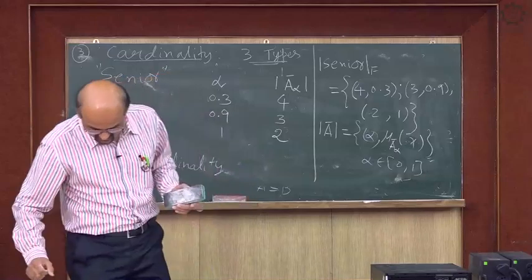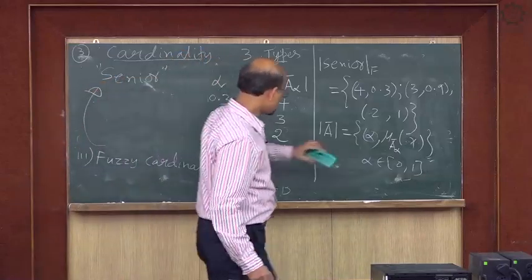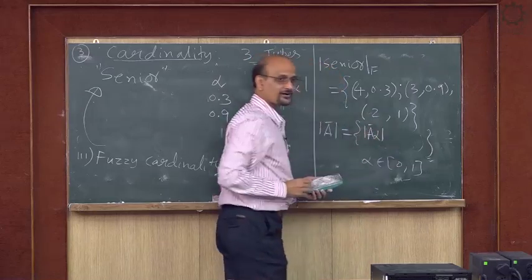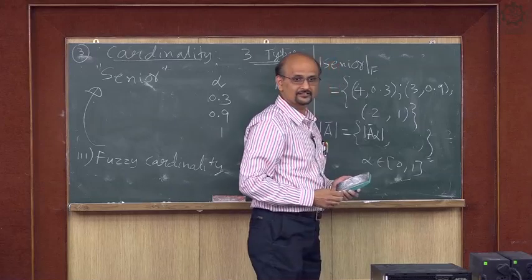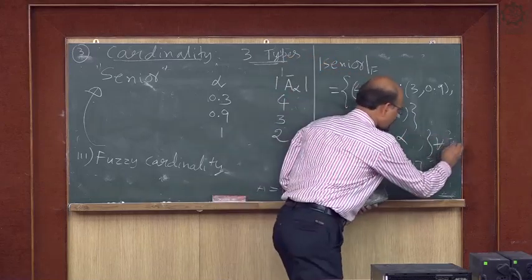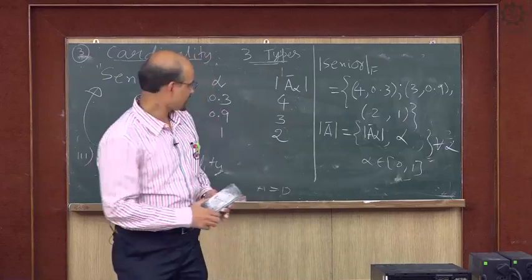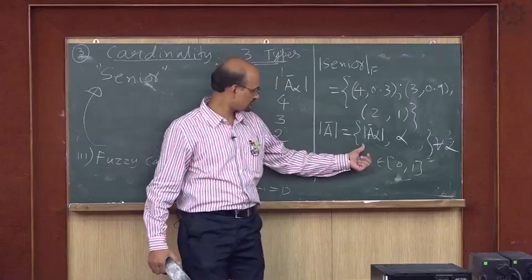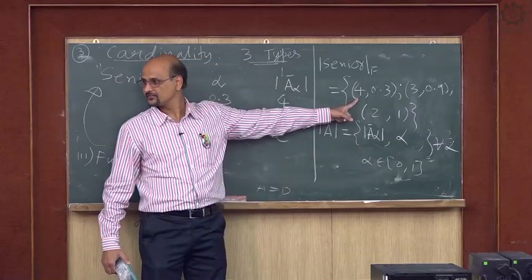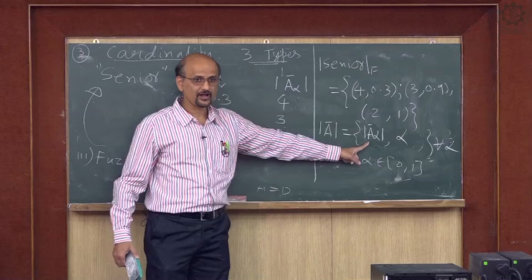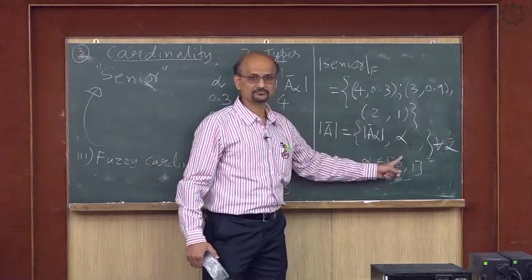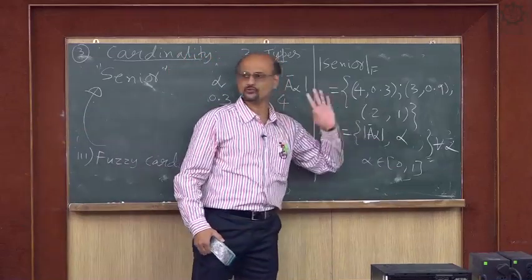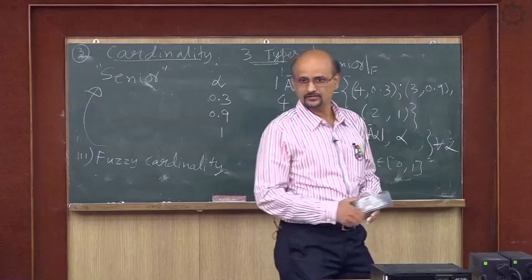Actually, I wrote the ordered pair wrongly. First is your cardinality number, 4, 3, how many are there. So it is the cardinality of A bar alpha, and for what alpha? For all alpha, whatever alpha you have, and alpha belongs to 0 1. Okay? Clear?